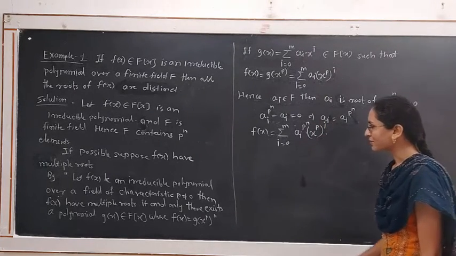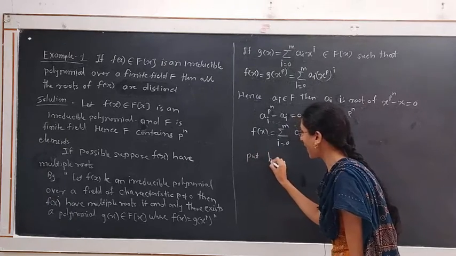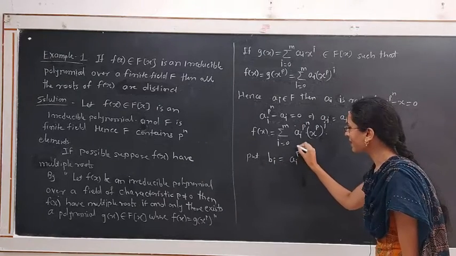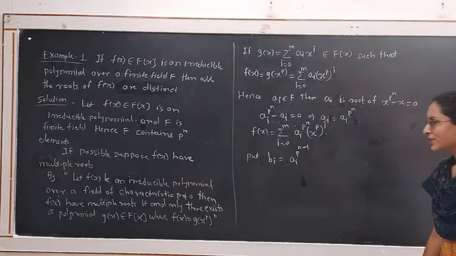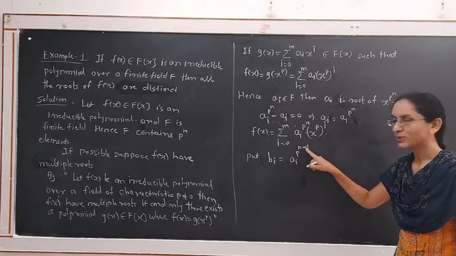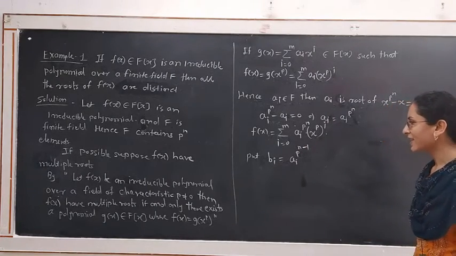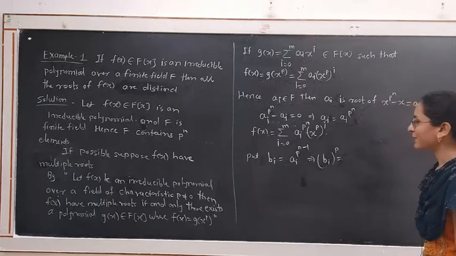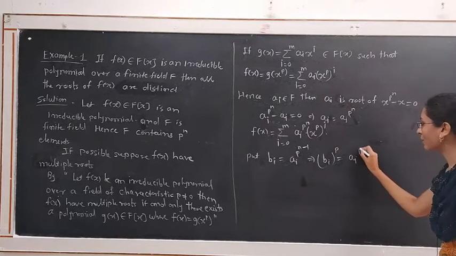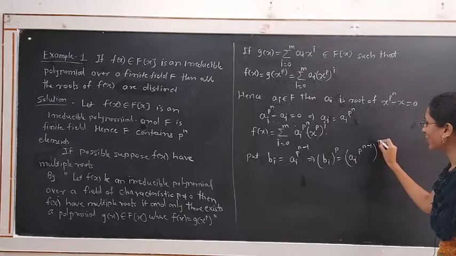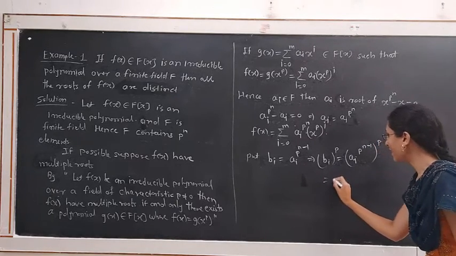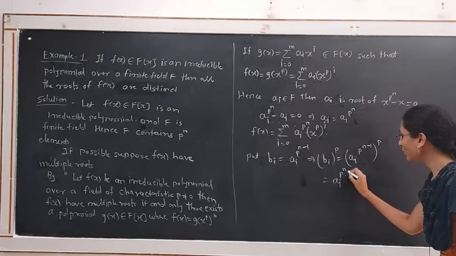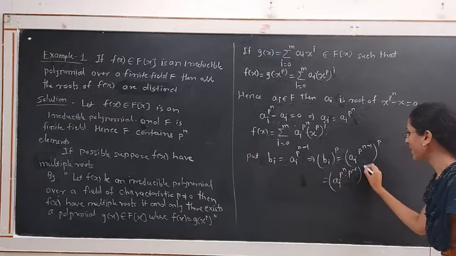Now, let us make a substitution: put bi equal to ai^(p^(n-1)). If we use this value of bi, then what is bi^p? This implies bi^p is equal to (ai^(p^(n-1)))^p. This can be written as ai raised to p^n into p^(-1), the whole raised to p.